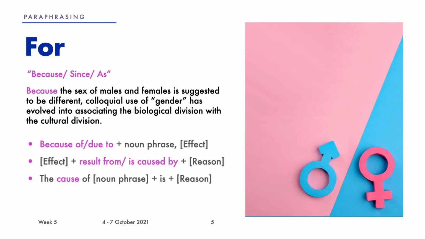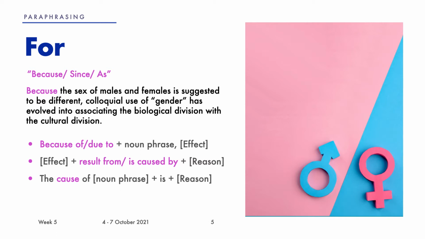I'm sure you are familiar with this conjunction. When we want to talk about reasons and causes, we can use the conjunction for. Of course, you may also say that for is a preposition. But in this case, when we are linking two clauses, for functions as a conjunction, as with the conjunctions because, since or as.